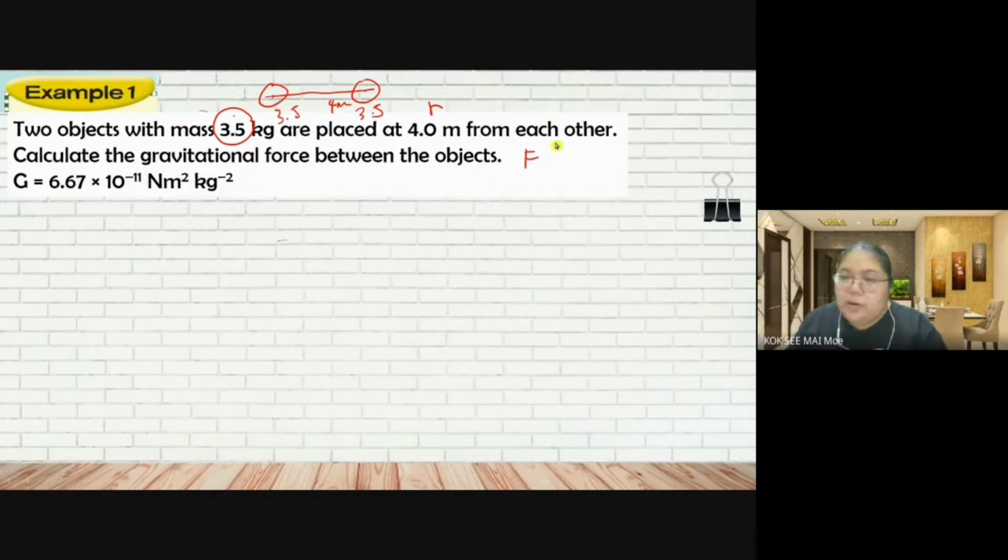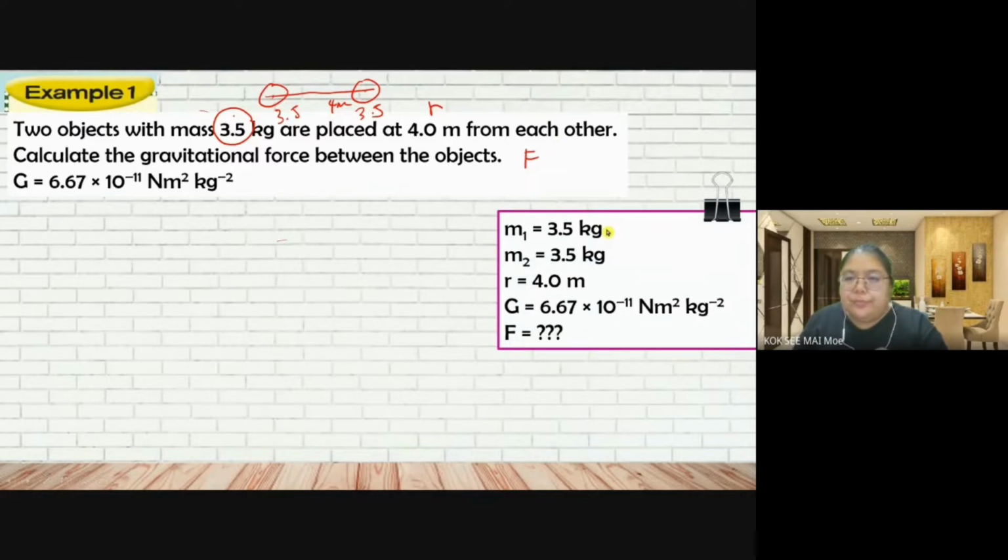Okay, so from here we write the info. Then after that, G. I told you already, if you want it fast, you just press your calculator using the constant, CONST, then 39, then equal, then you get it already. If not, you want to key in this one, also can. After that, we go to apply the formula. F equals G M1 M2.